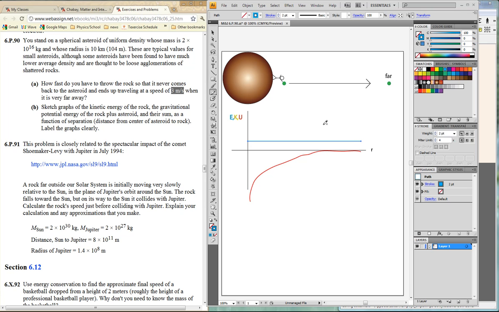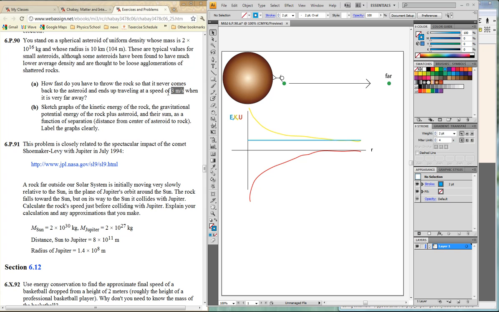And then we could draw the kinetic energy. We know that in the final state, the kinetic energy is the total energy because there's no potential. So we could start drawing the kinetic here. And basically, whatever the potential does, the kinetic needs to do the opposite of that. So as the potential decreases going towards the asteroid, the kinetic should increase.